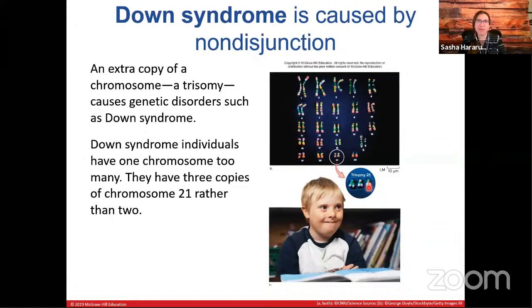And it's seemingly not a big deal to have one extra something, but during development, during synthesis of all the proteins that the cells produce, during accommodation of this vast amount of processes necessary for survival, somehow this extra chromosome results in various symptoms. There's a particular appearance that people with Down syndrome have.